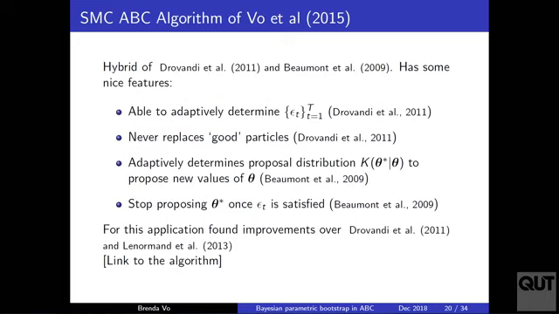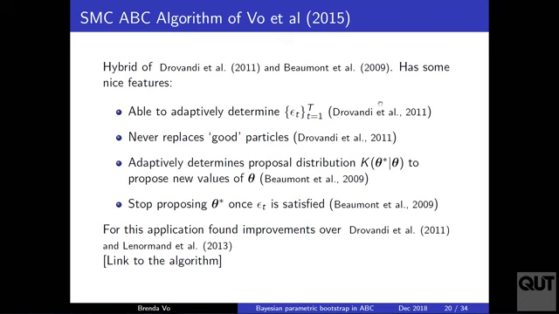However, the efficiency of SMC ABC depends on how far the prior is from the posterior. If it is too far away, then you will have a lot of iterations, and it still has some disadvantages.